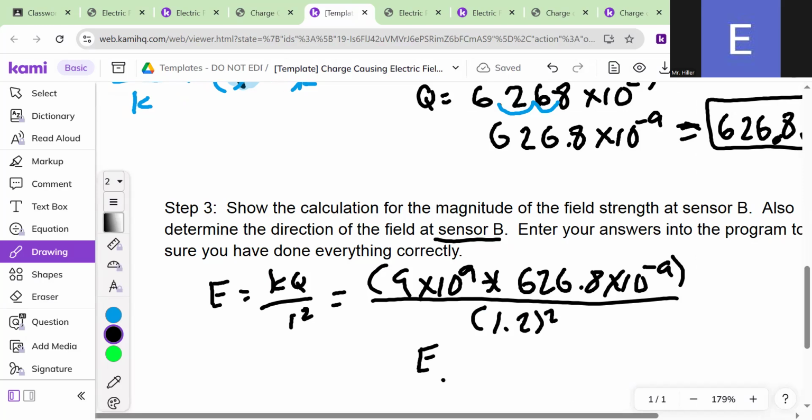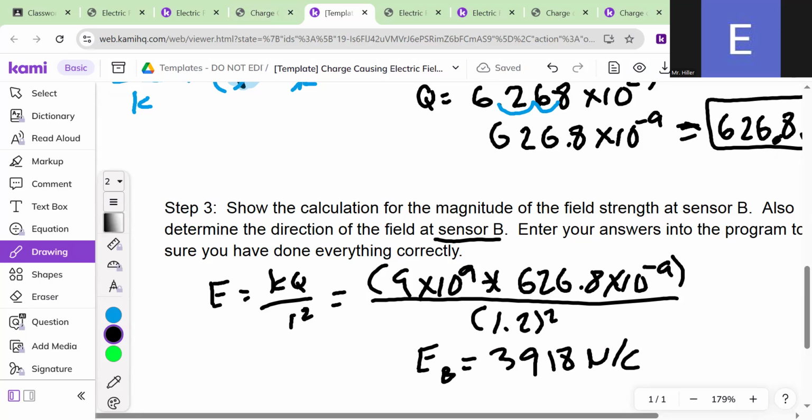Okay, let's go ahead and put that in our calculator. And I'm getting a value of about 3918 newtons per coulomb.